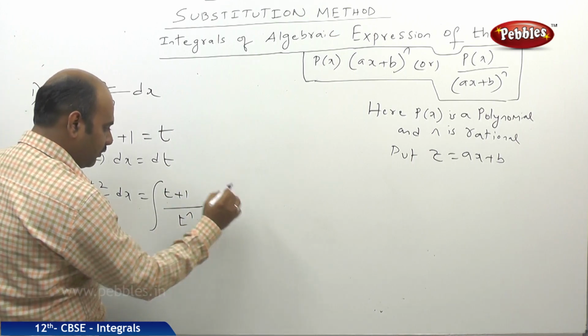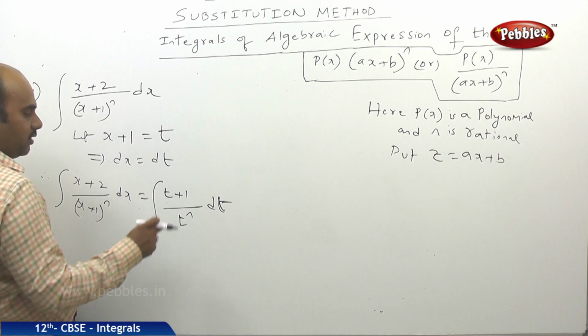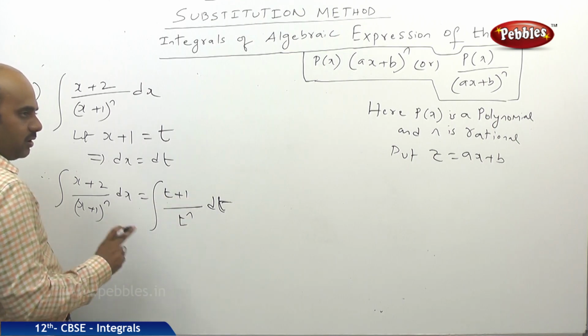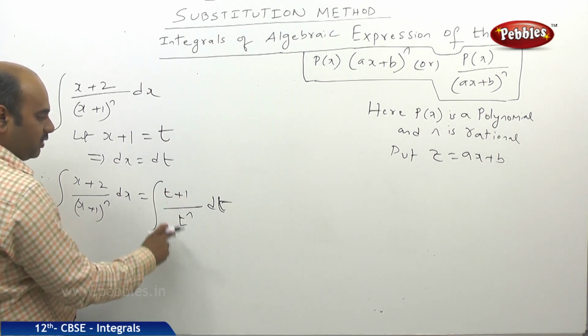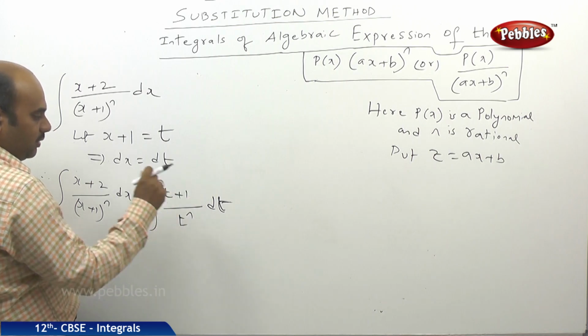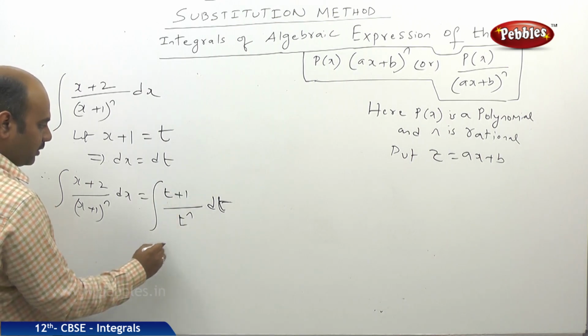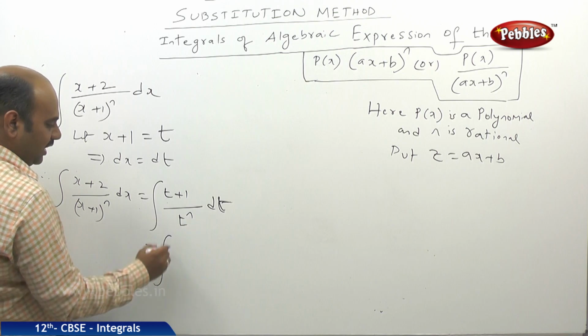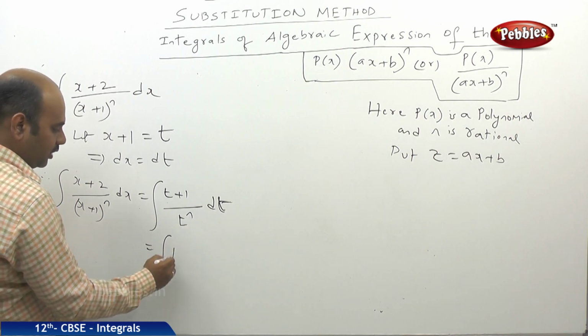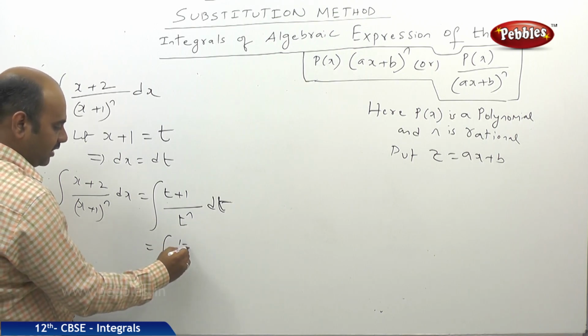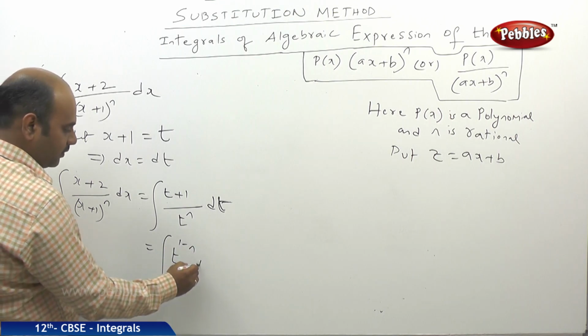Now if you observe carefully, again it is taking the shape a plus b by c. A plus b by c means again we need to do as a by c plus b by c. So what happens, integral of t upon t power n. T upon t power n means I can directly write t power 1 minus n.